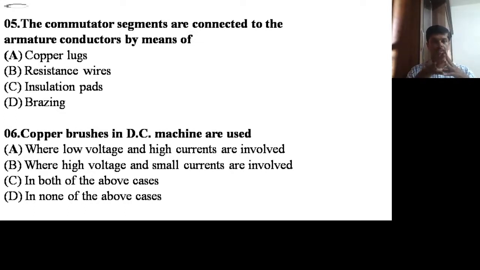There they are using copper brushes. Suppose if you are using carbon brushes, the carbon resistance will be very high when we compare it with copper. So where they are using higher voltage and low currents. So here the answer will be the first one.